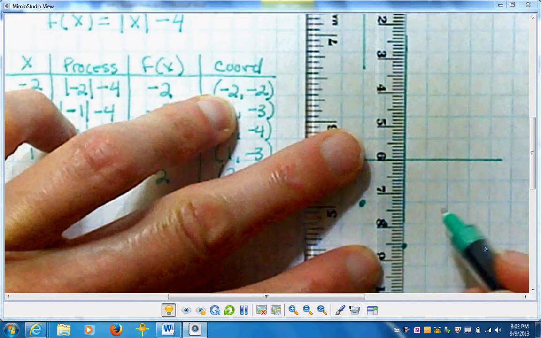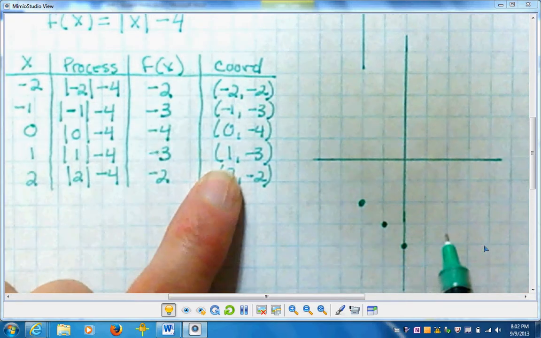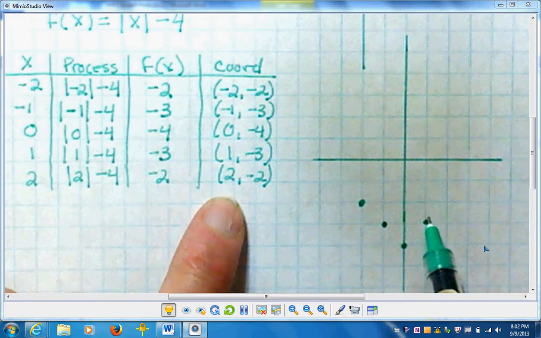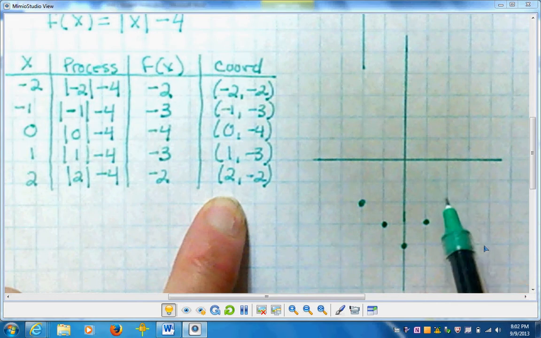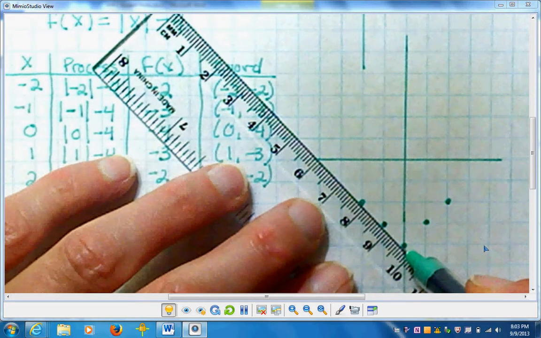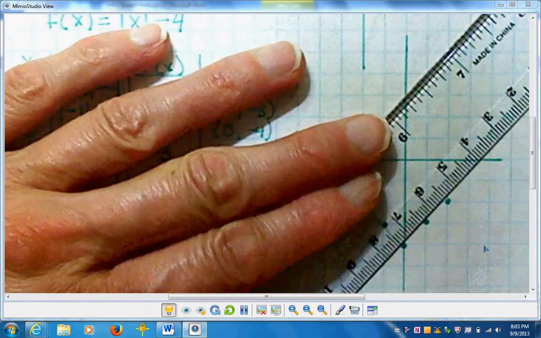I'm going to just make that longer. Then I have 1, negative 3. 1, 2, 3. And then I have 2, negative 2. Okay, so we can already see that this looks a little different than what we graphed from our parent function.